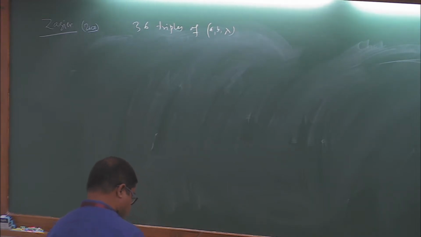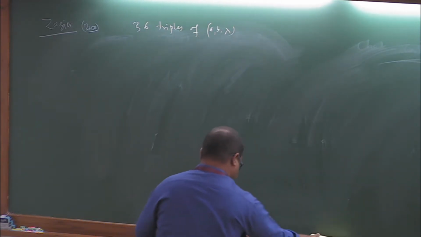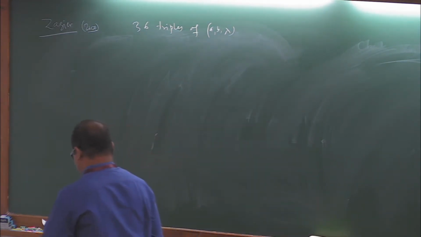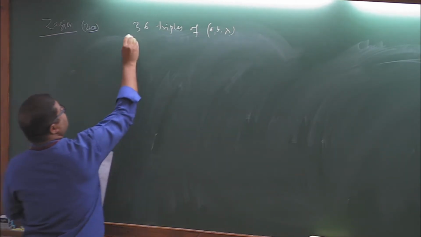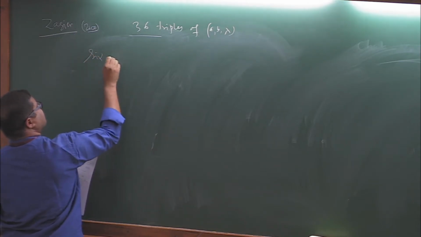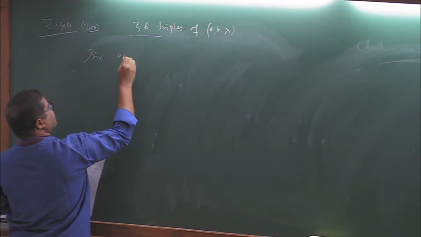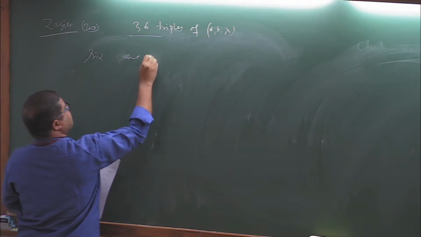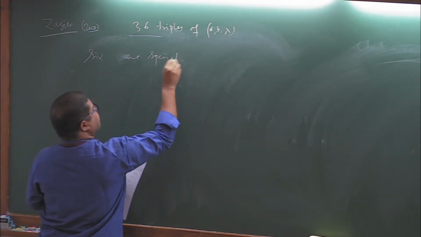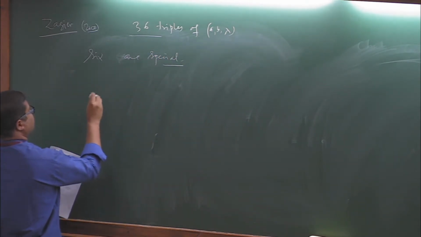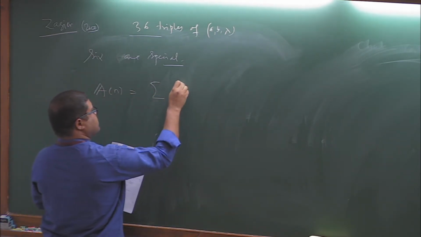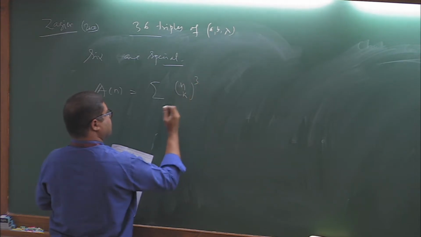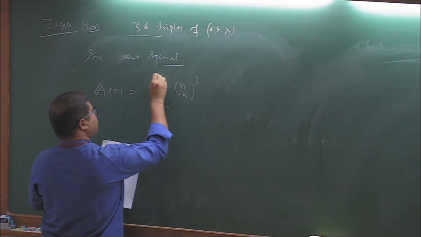Let me write those terms, namely an. He gives 6 examples that are special, in the sense that they have nice representations like these numbers. So I'm writing these 6 sums: sum of n choose k cubed, k from 0 to n.